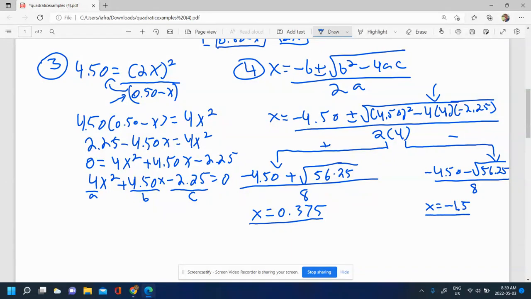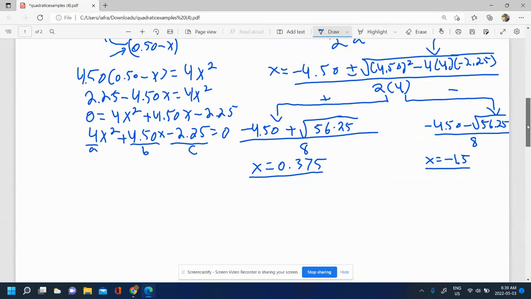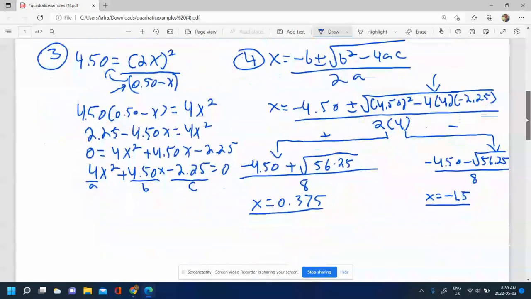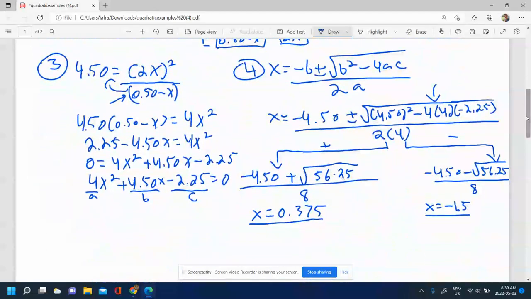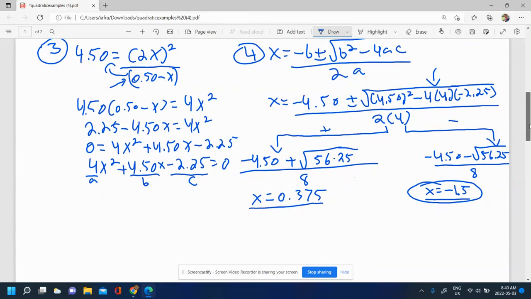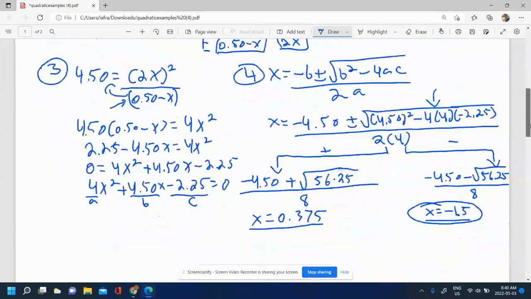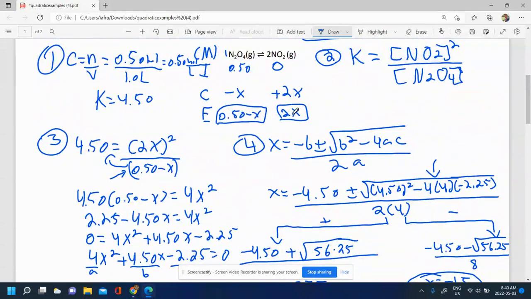So I need to choose the better option here. They can't both be x values. So in this case, it's pretty straightforward. You'll get an x value that's negative, and chances are you're not going to want to use a negative x value. You can go and experiment with this. You're not really going to have a negative concentration, right? But if I put negative 1.5 into the x here, I get negative 3 molar, which doesn't make sense. Here you get a positive concentration. You do 0.5 minus 1.5, which actually gives you 2 molar.